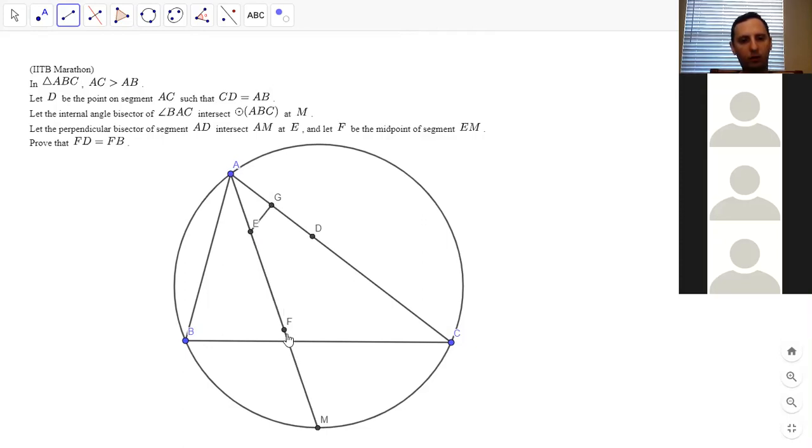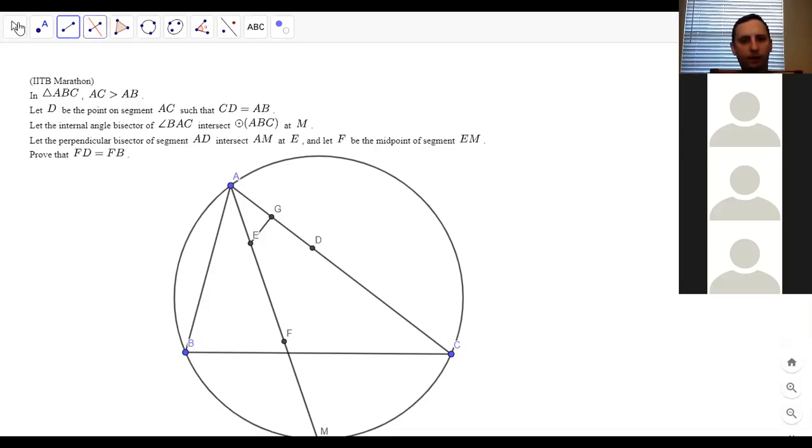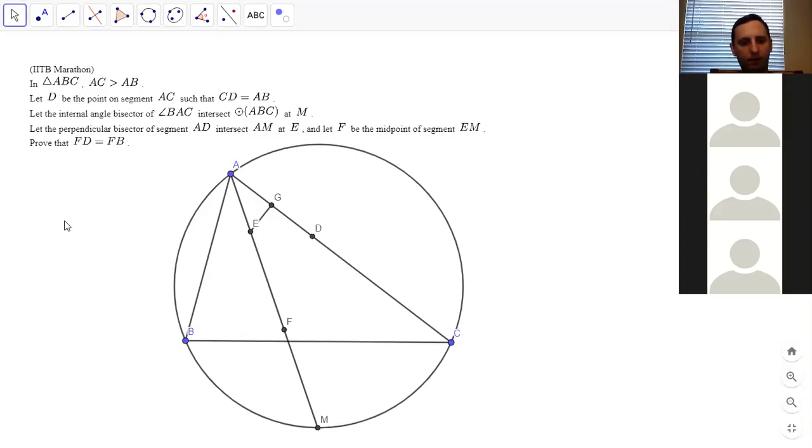Did I draw everything that I need? So D is that point, and yeah, I think I drew everything I need. ABFD is cyclic is equivalent, because that would mean the angle bisector meets the perpendicular bisector at F. So yeah, we basically want to show ABFD is cyclic. That's a good point.